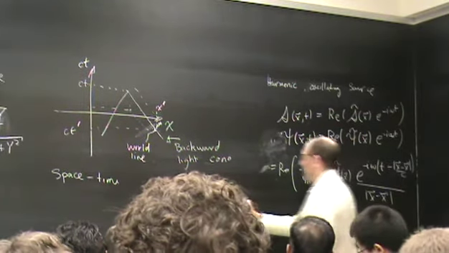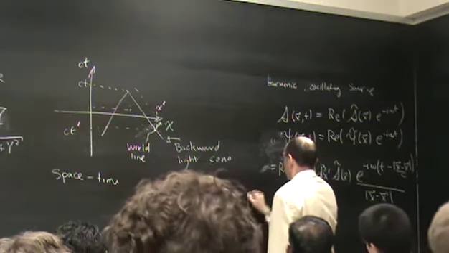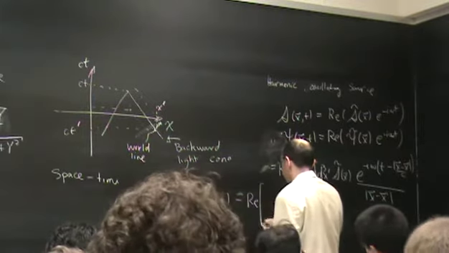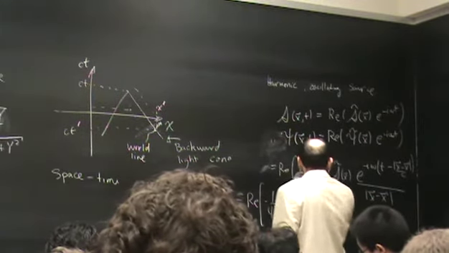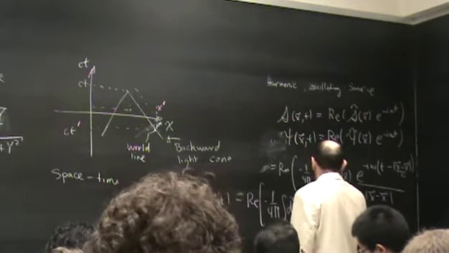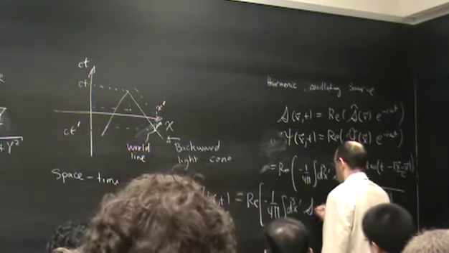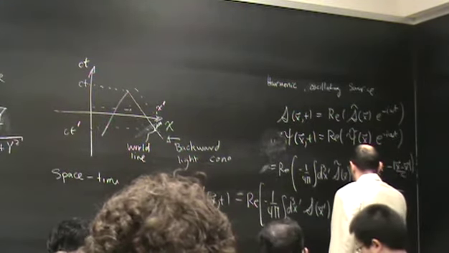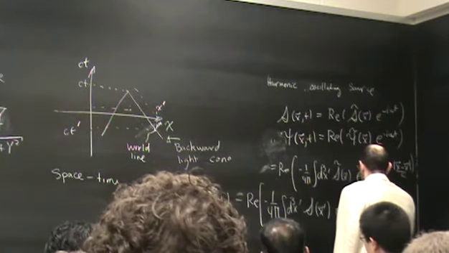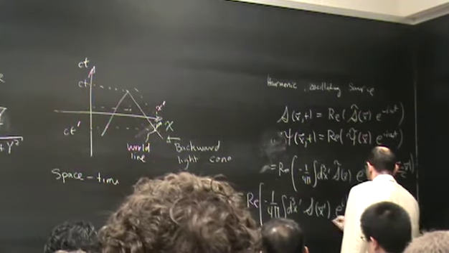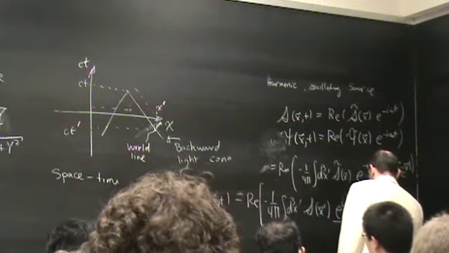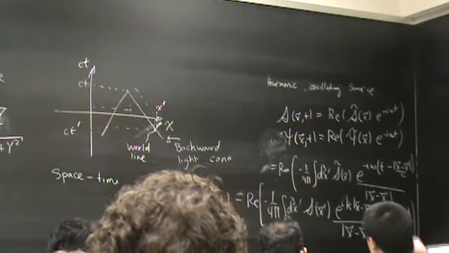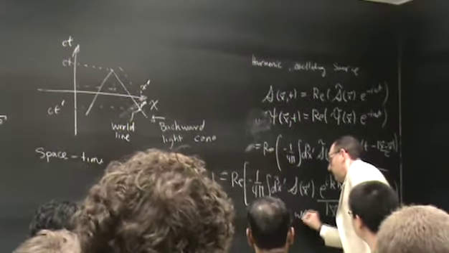So the wave amplitude I see is the real part of 1 over 4 pi, the integral d cubed x prime, of e to the i k times the magnitude of x minus x prime, where k is omega over c.